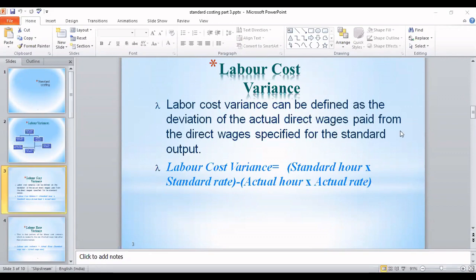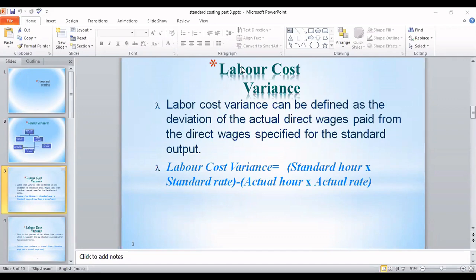You always have something in your mind that this particular task can be completed within this many hours, correct? So when you multiply labor rate with labor hours, we get labor cost. Now we can get two types of values here, one is standard and one is actual. How will we get the standard one?